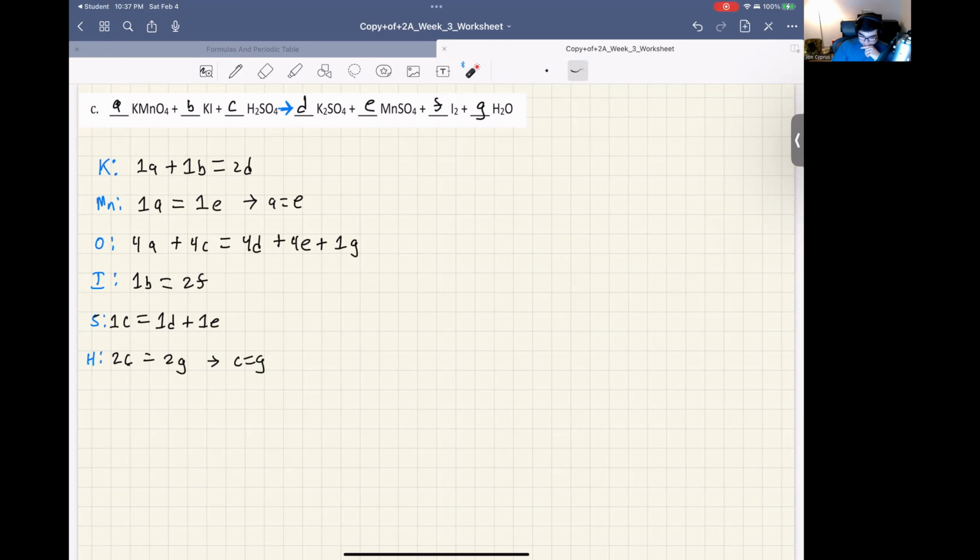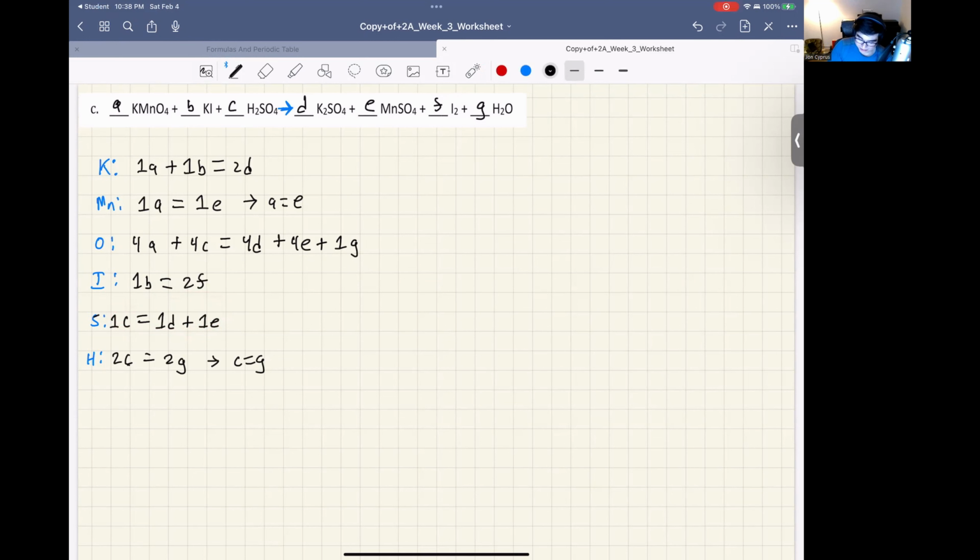Now I'm trying to see if there's a way that we can get rid of D here, because that would be great. Oh, we can. Look at that. So we can get rid of the D with this equation with S.